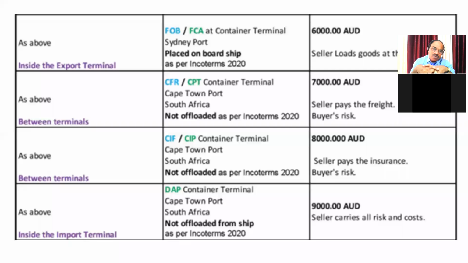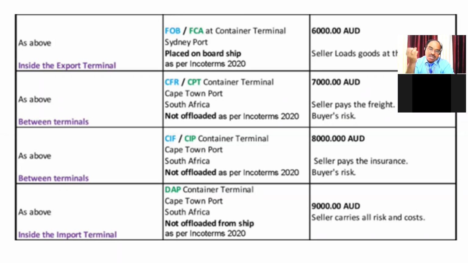Then if you want offloading, if she wishes to pay the customs duty for the South African country, she will charge up to 8,000 Australian dollars. Then Cynthia is saying, don't worry, I will pay everything.